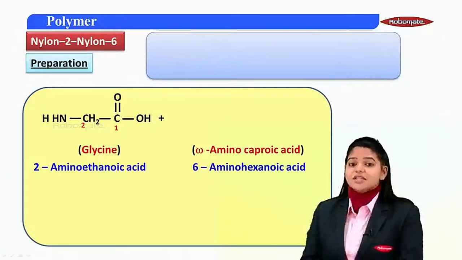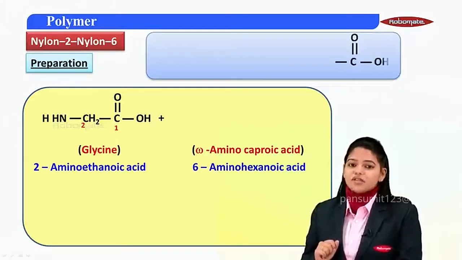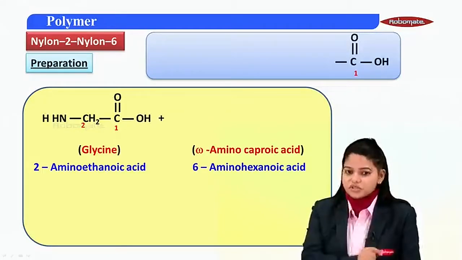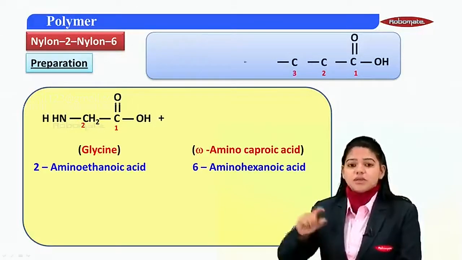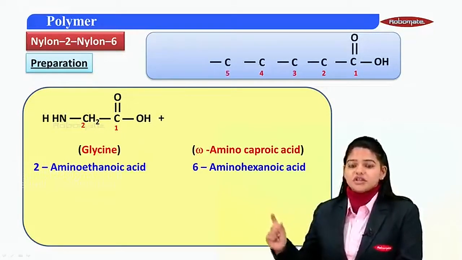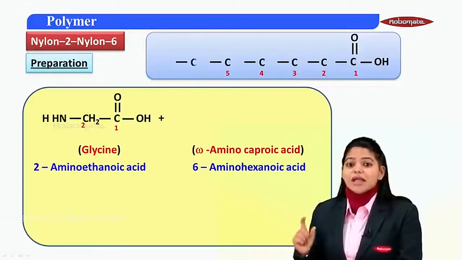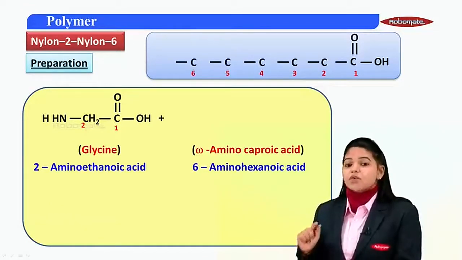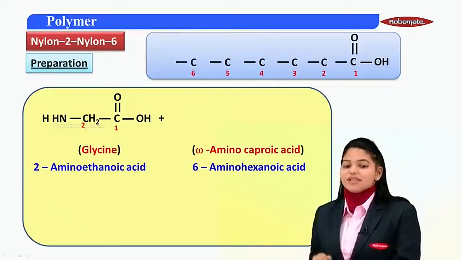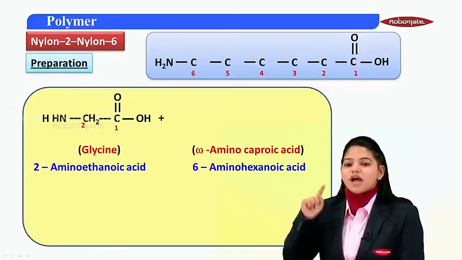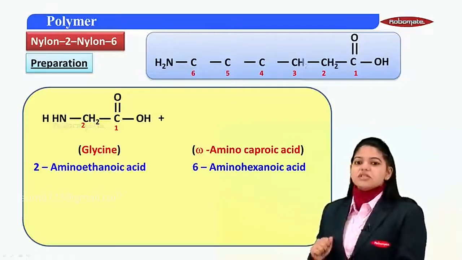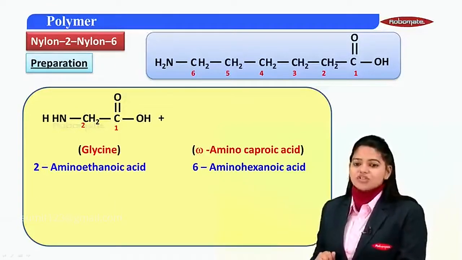Since it's an oic acid, it contains a carboxylic group at the first carbon, so we have a COOH group. The remaining 5 carbon atoms are linked by bonds to form a straight chain. At the last carbon, the 6th carbon, we have an amino group, NH2. The remaining valencies are filled with hydrogen atoms.